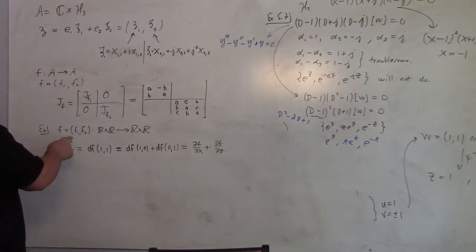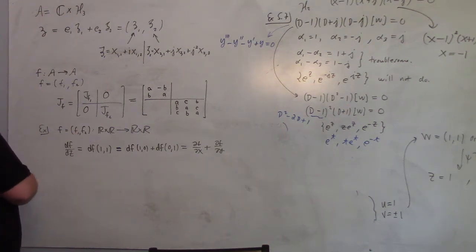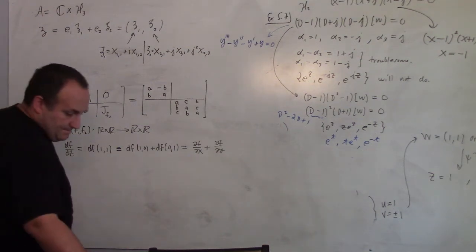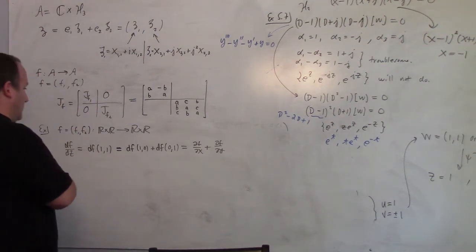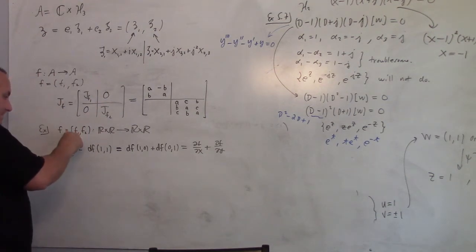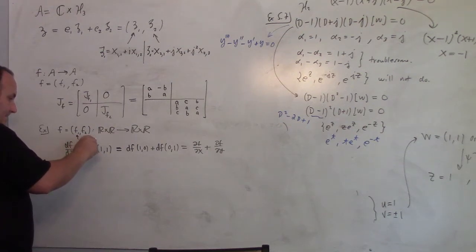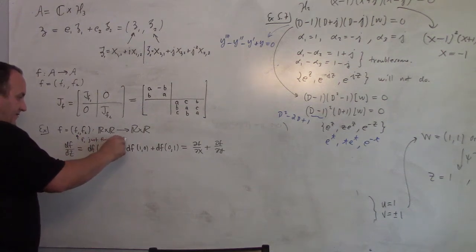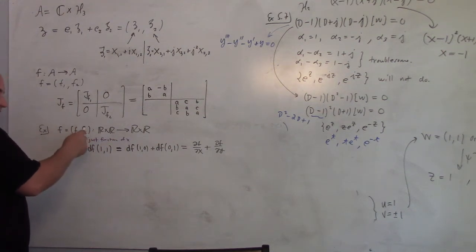But remember, f is actually f1 and f2, and what do the Cauchy-Riemann equations tell you here? f1 is just a function of x, f2 is just a function of y.